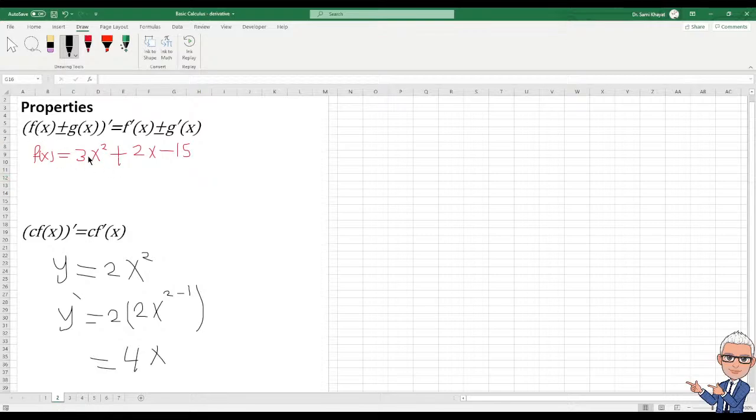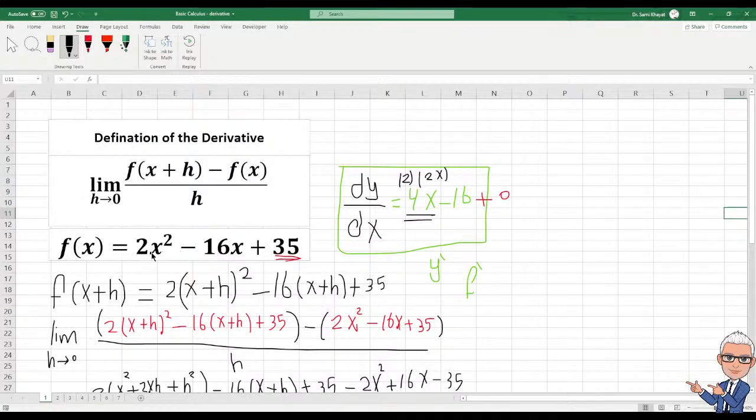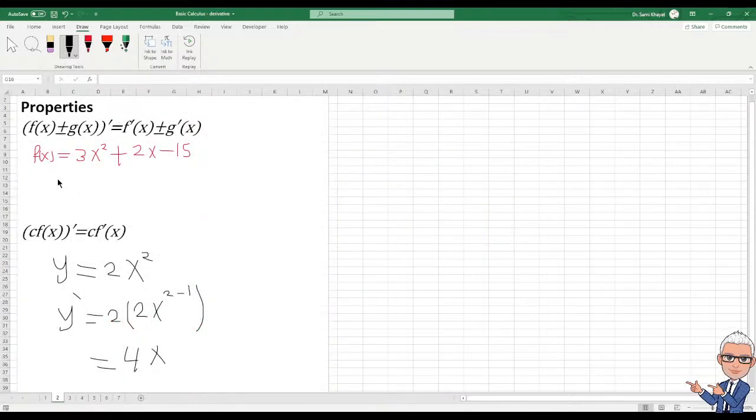Now, another thing in the property: if you have a function like the first function here, when you take the derivative, you can take the derivative of each term. In this case, if we follow the rules, you can write dy over dx, or f prime, or y prime, it's up to you, with the same meaning in mathematics.